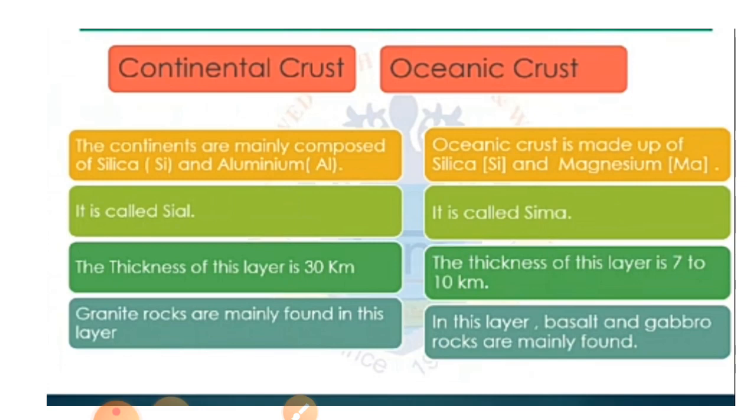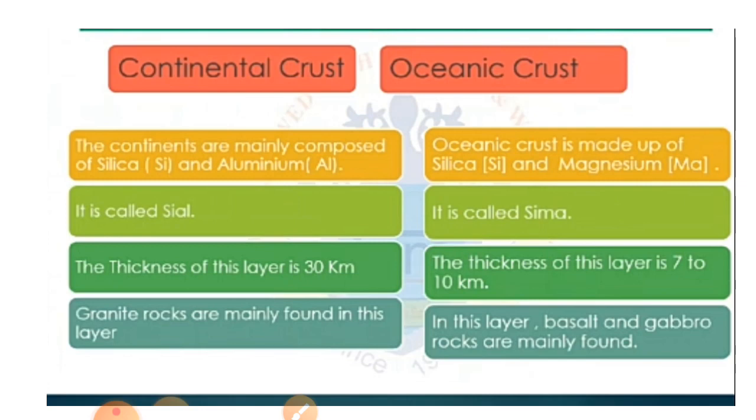My dear students, here continents are mainly composed of silica and aluminium. So Si plus Al is equal to Sial. The main materials of the continental crust are silica and aluminium, that is, Si plus Al is equal to Sial.